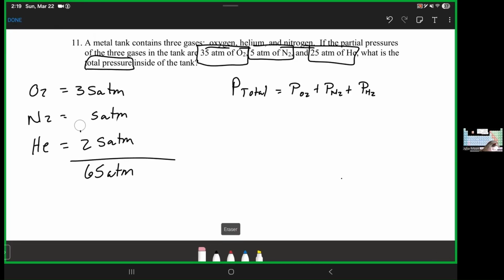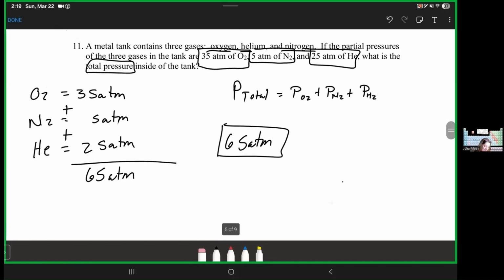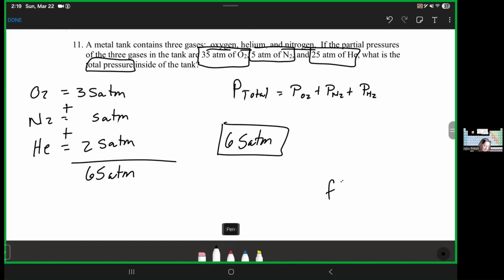And since this is addition, we're going to 0 decimal places, so 65 ATM. If one of those had been given to you in millimeters of mercury, you would have had to convert it to ATM, or convert the others to millimeters of mercury, or torr. Because we're adding them together, they have to be in the same pressure units. You would not add feet and miles, right? They have to be in the same units to add them together.